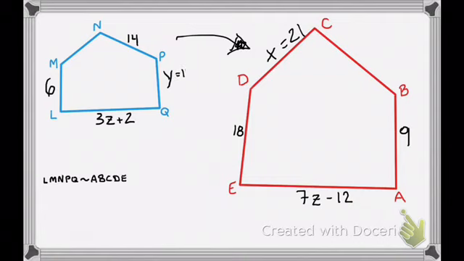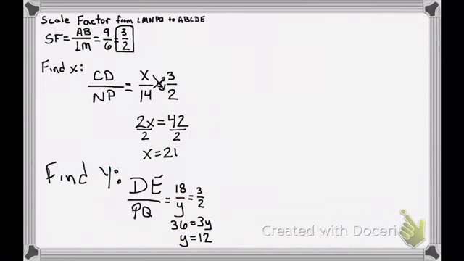Now we've got to figure out z. So if I look at my shape, I can clearly see that side AE and side LQ definitely match. And so those two must also be in the same proportion, in the same ratio, and so we'll set up a proportion to solve for that. So jumping back over to the other slide to find z.